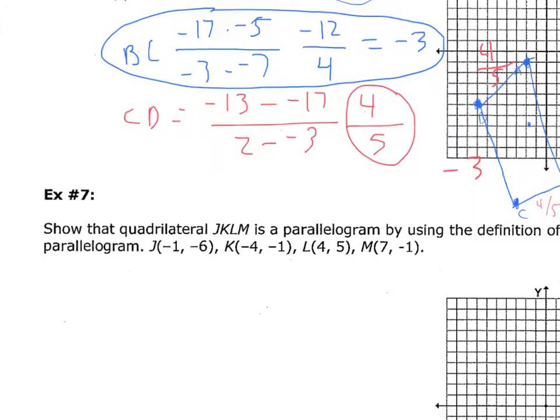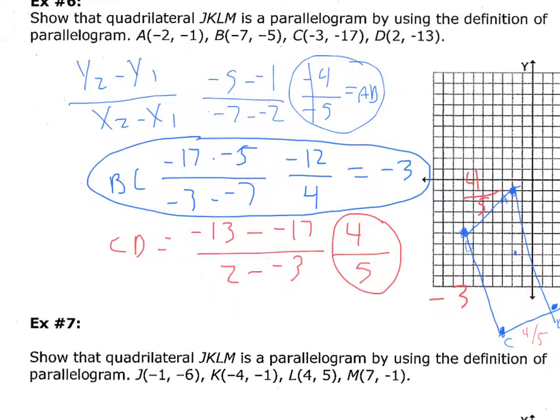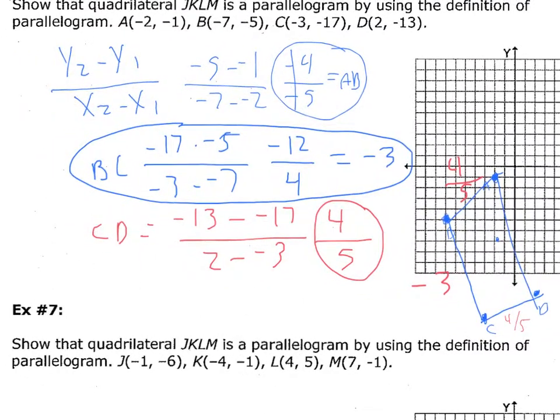For AD, we have negative 13 minus negative 1 over 2 minus negative 2. Negative 13 minus negative 1 gives us negative 12, and 2 minus negative 2 gives us 4.